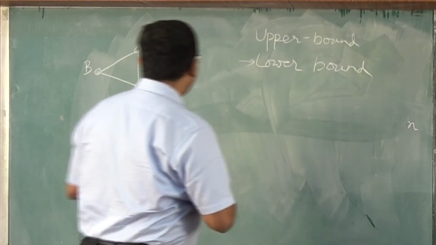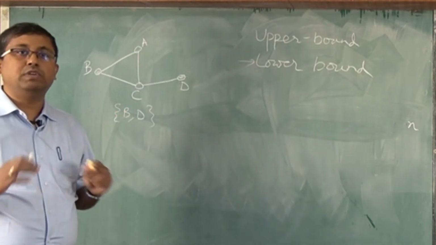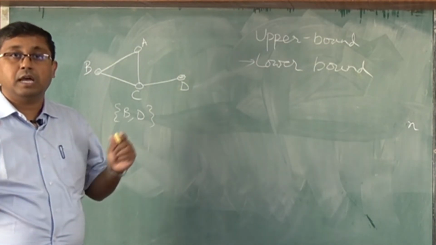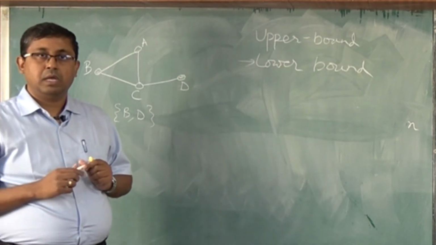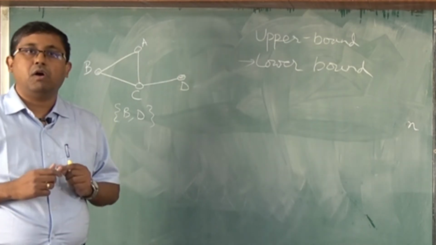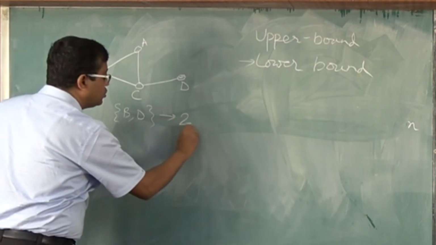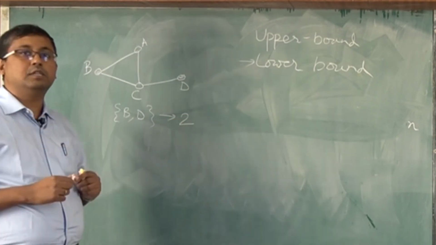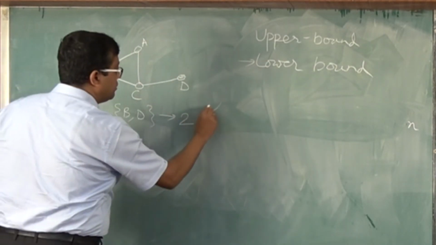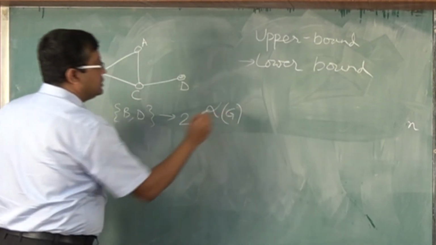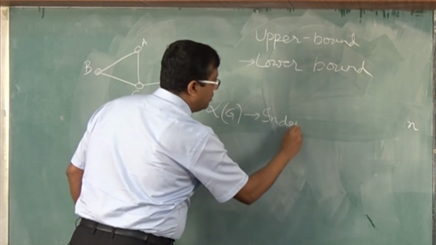And in a graph, the independent set which is largest in size, or which has the maximum number of vertices, is called the maximal independent set. The cardinality of this particular independent set is 2. So the cardinality of the largest independent set of a graph is called the independent number and is represented by alpha of G, if G is the graph. So this is the independent number.